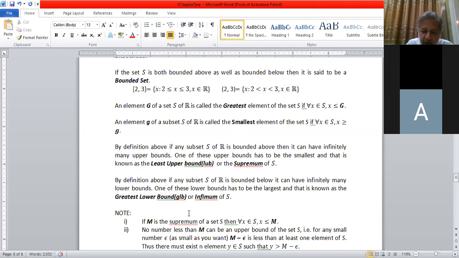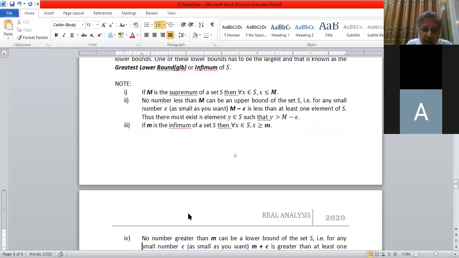And we note these things. If M is the supremum of a set, then every element of the set has to be less than or equal to M. No number less than this supremum can be an upper bound of the set.